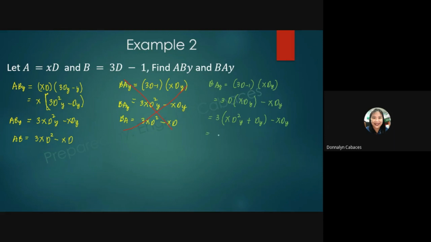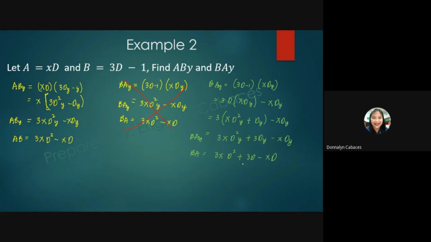So you now have here 3x, the second derivative of y, plus 3 dy minus x dy. That is your BAY. And now finding BA, that is 3x d squared plus 3d minus xd.